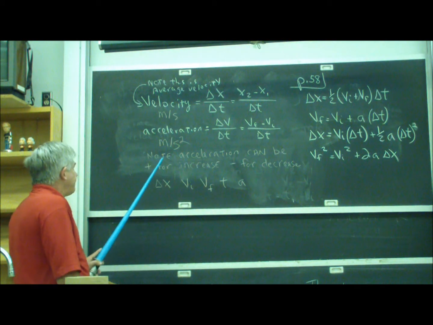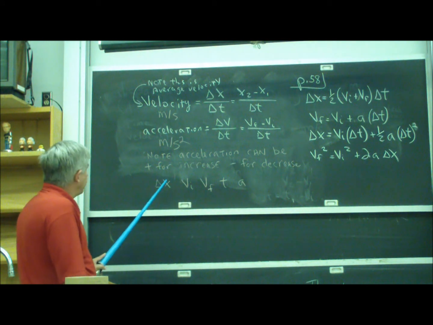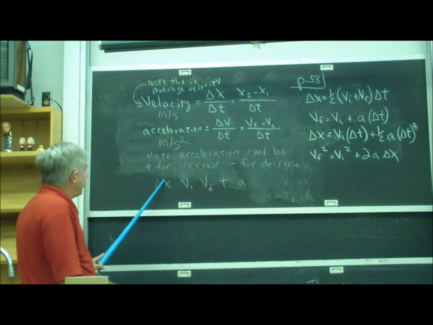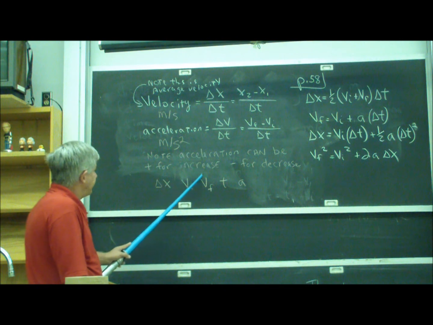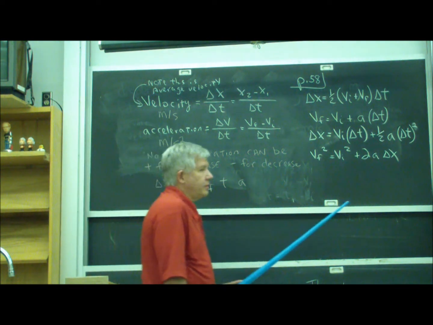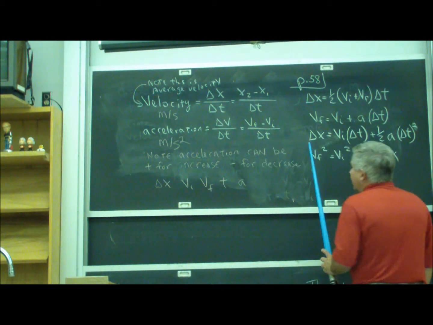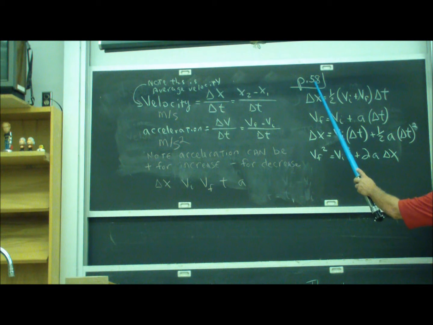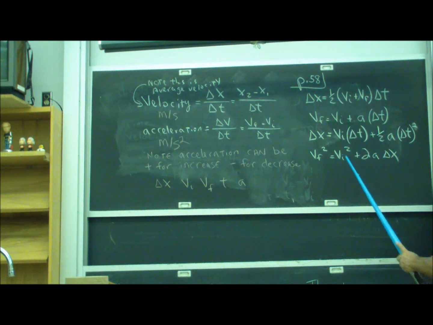Now, what we're interested in are these 5 things: displacement, beginning velocity, ending velocity, time, and acceleration. And your book goes through quite a bit of pages going through different equations that can get this. But if you open your book to page 58, you have these 4 formulas.